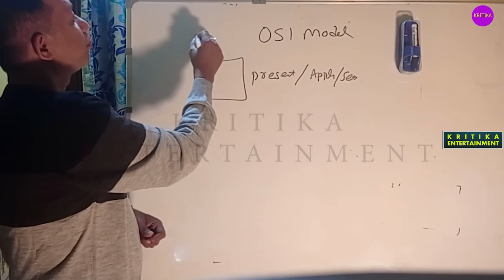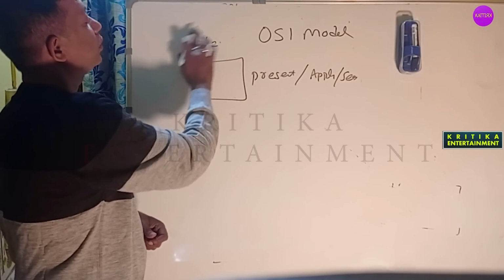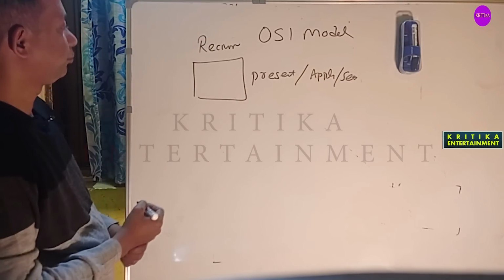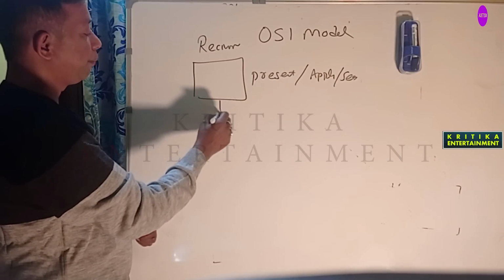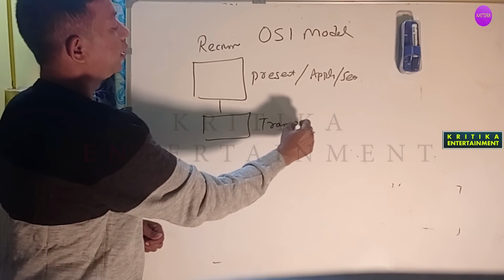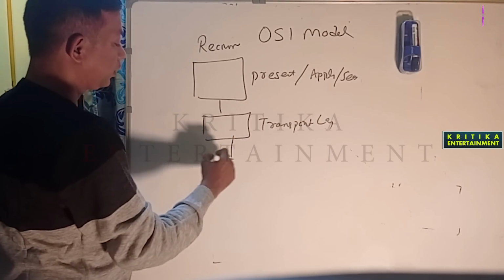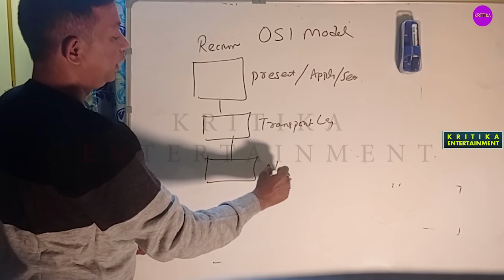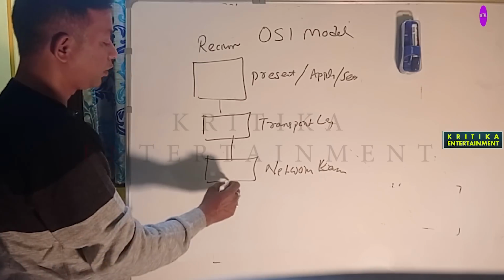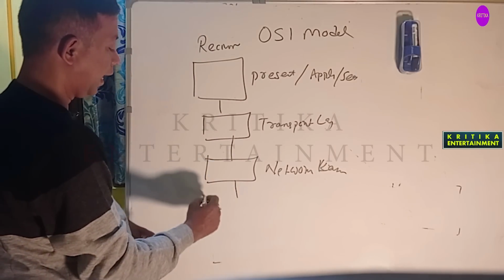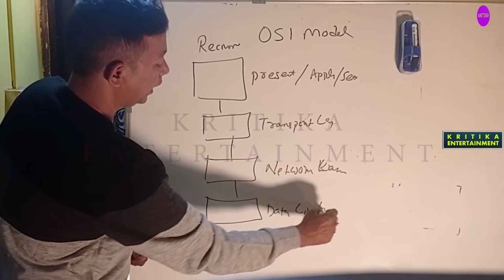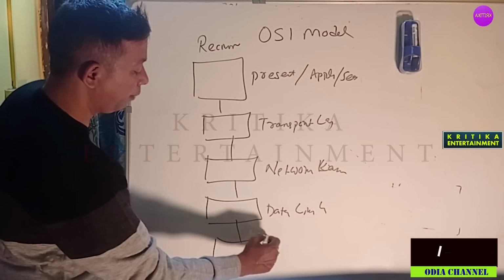Suppose I name this the receiver. First the presentation layer, then the transport layer, then the network layer, then the data link layer, and then the physical layer.